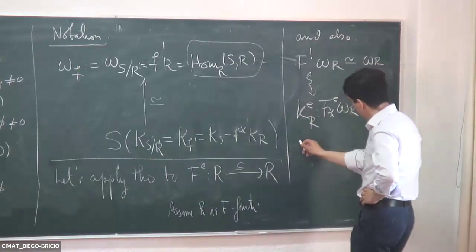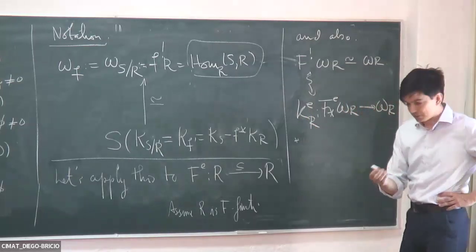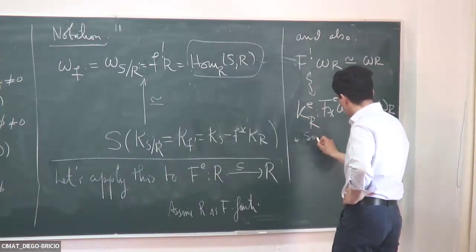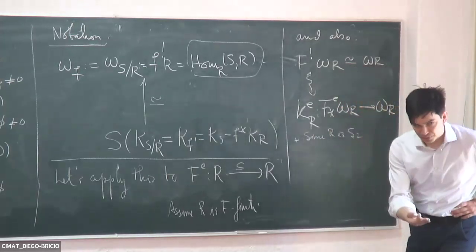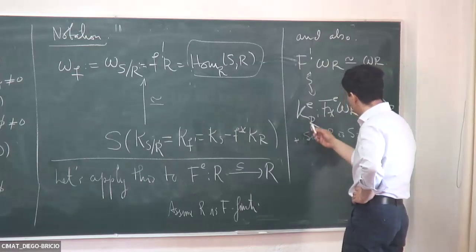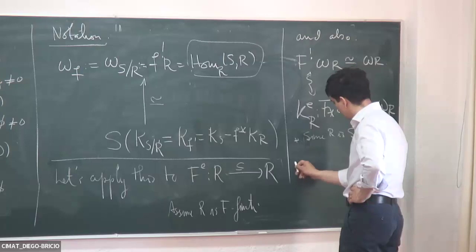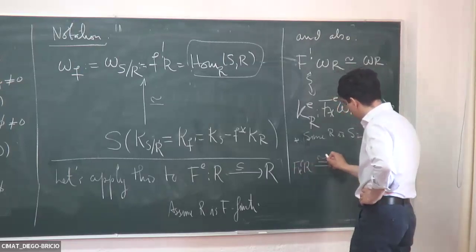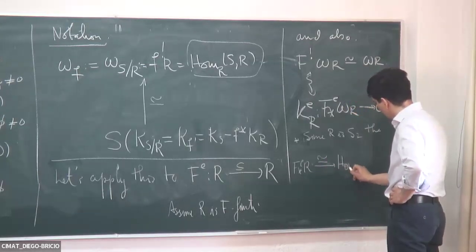And remember, since R is S2, because it is assumed to be normal, then this kappa R generates the following. Then we have an isomorphism between this ring and the Hom set.